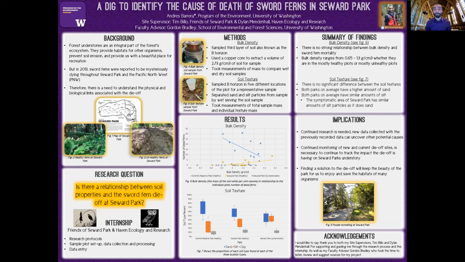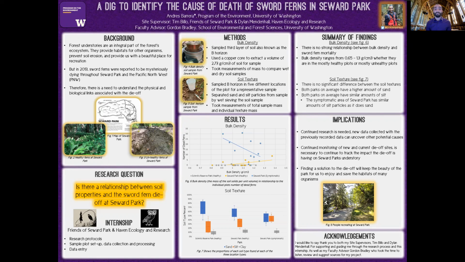I used a copper core shown on the picture, which is an exact volume, for the soil sample. I then took that home and I measured the mass of the soil. Once I had the mass of the soil, I dried the soil completely in the oven and weighed it again. That would give me the bulk density.